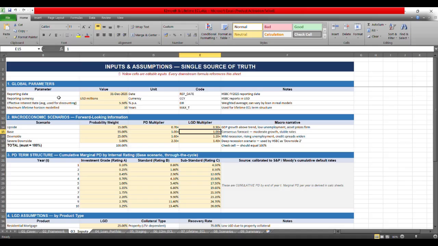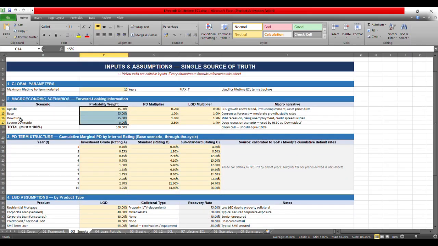All the multipliers here are 1 times, right? Meaning the moderate growth. Downside is allocated 25% of probability, meaning the mild recession. And here, the PD can jump up to 1.6 times and LGD 1.2 times, a human judgment. Then the severe downside, and the probabilities should add up to 100%.